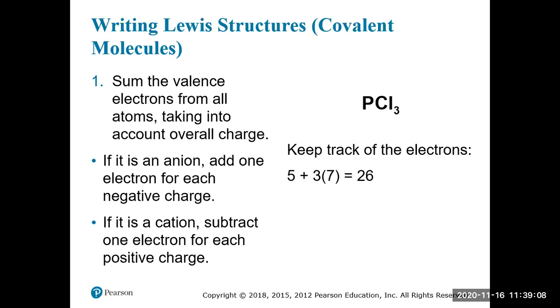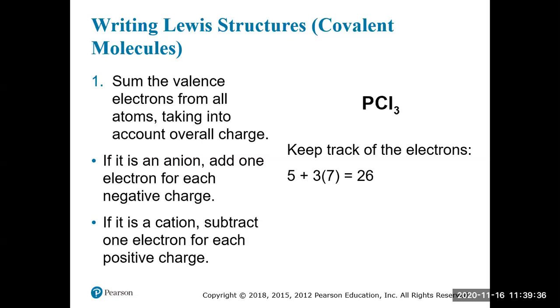So now I'd like to take a little bit of time to talk about writing Lewis structures. So that's the dot structures for covalent molecules. The way we go about doing this is we sum up the valence electrons for all the atoms, and then we take into account the overall charge. And by overall charge, we're saying if the molecule itself is an ion.